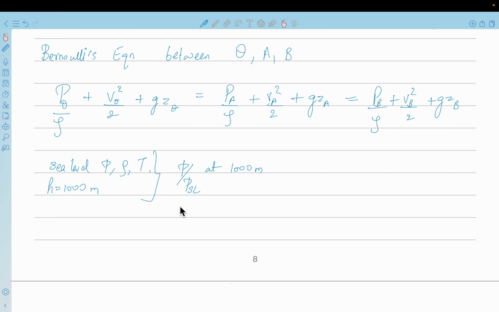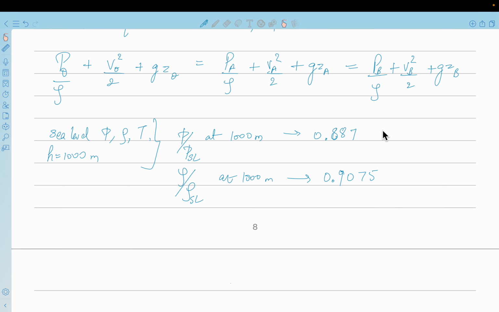So there are tables which give this, and I'll give you the value for now. It is 0.887, and density rho by rho sea level at 1000 meters again is 0.9075, and using these values I will directly give you the pressure.